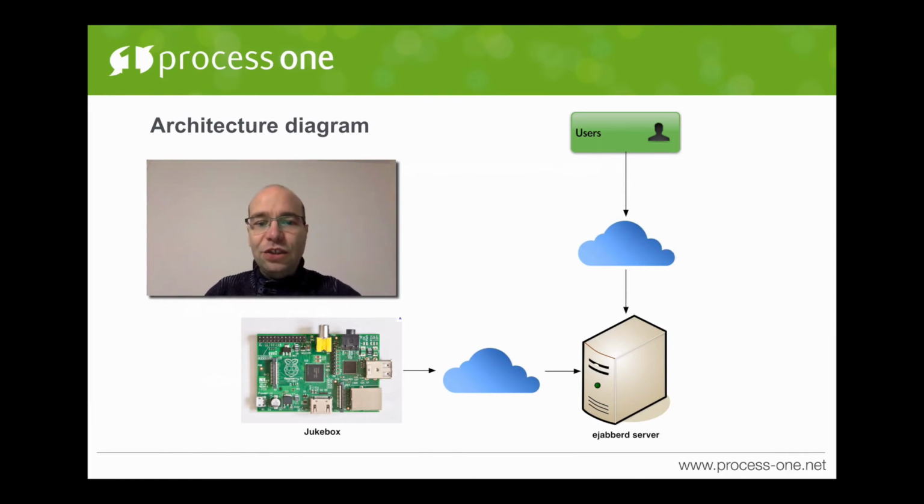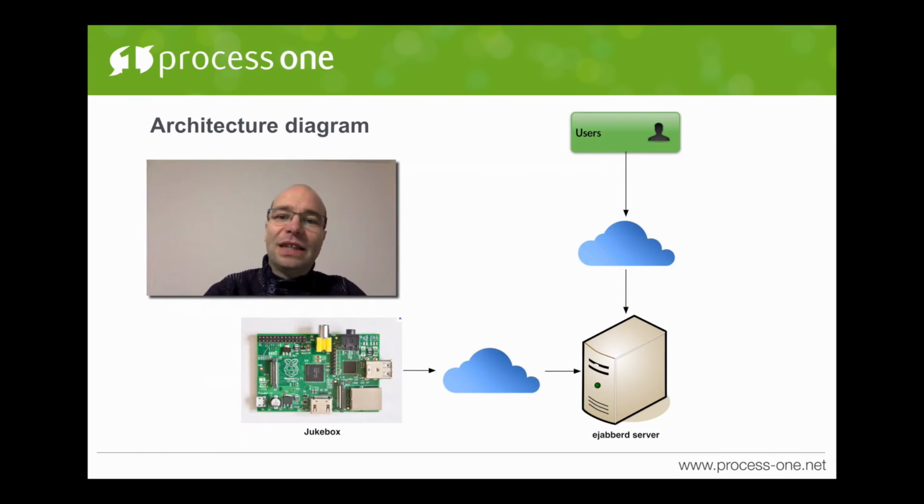So here is the architecture diagram. You have a Jukebox which is plugged to an ejabberd server. The users are connected to the ejabberd server as well using a different XMPP account, and can then send XMPP messages or XMPP IQs that act as control packets for controlling the Jukebox.